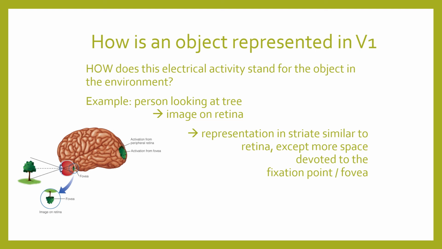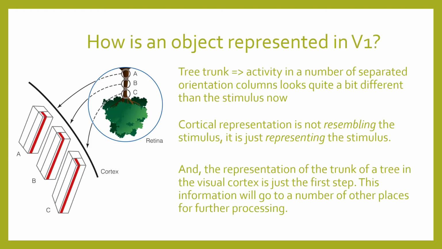And of course, it's pulled apart into these hypercolumns, where a particular hypercolumn is going to give me vertical bar, horizontal bar. What kind of feature am I looking at? Is it right eye, left eye dominant, and so on within that? So if we're asking the question, how is an object represented in the visual cortex or in V1? Okay, so we're looking at the tree trunk, and we're seeing activity in a number of separated orientation columns.